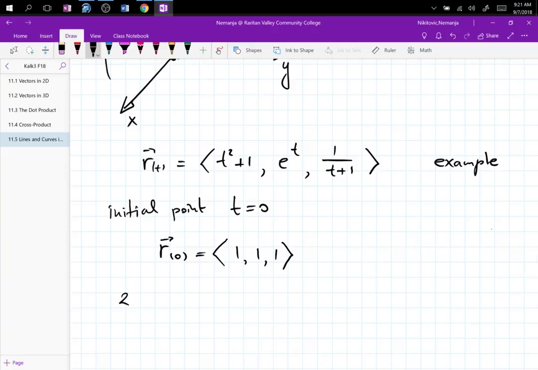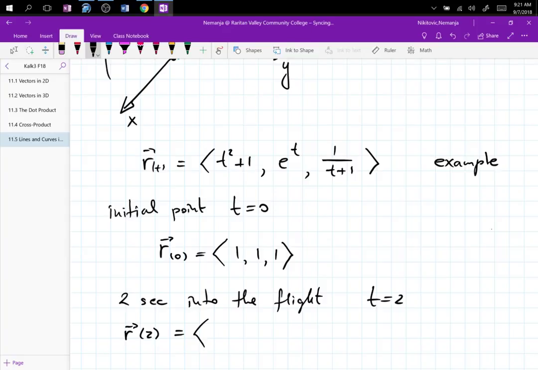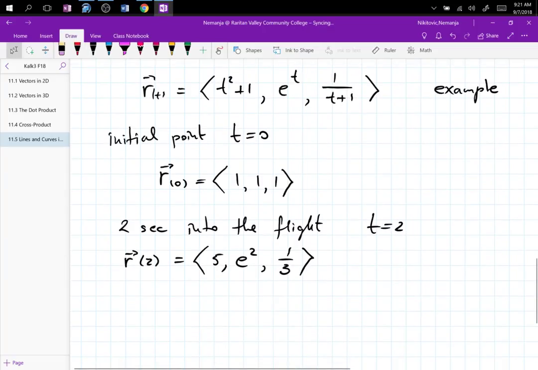How about 2 seconds into the flight? Well, that's t equals 2. You are calculating r of 2, which would be (5, e squared, 1/3). This is a location in space where the bug is 2 seconds into the flight.